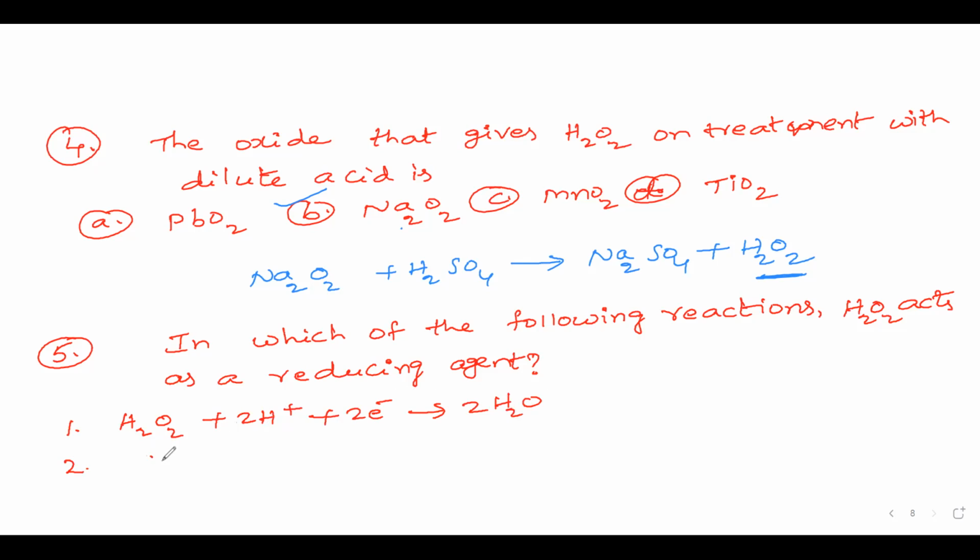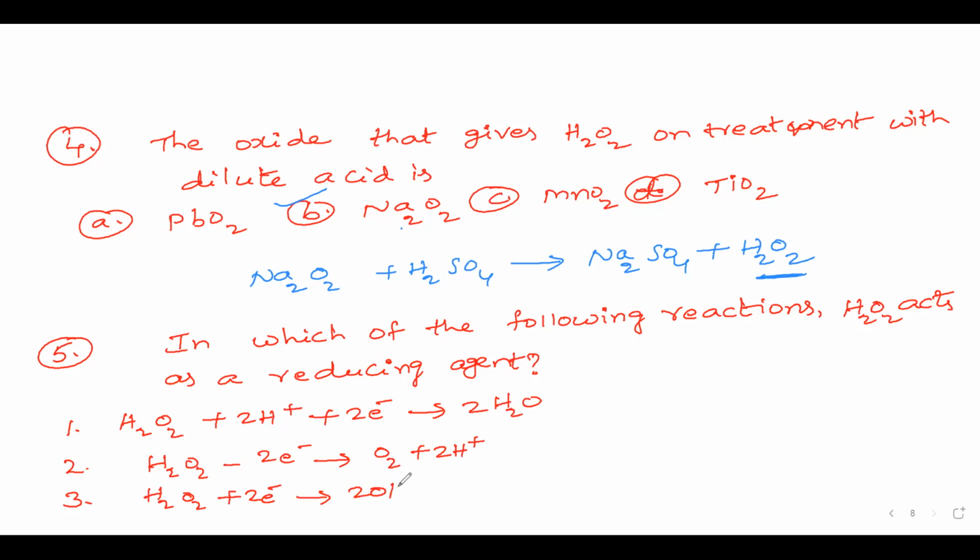Second one, H2O2 on losing 2 electrons forms O2 plus 2H+, losing of electrons. Next, hydrogen peroxide on gaining 2 electrons forms 2OH-.